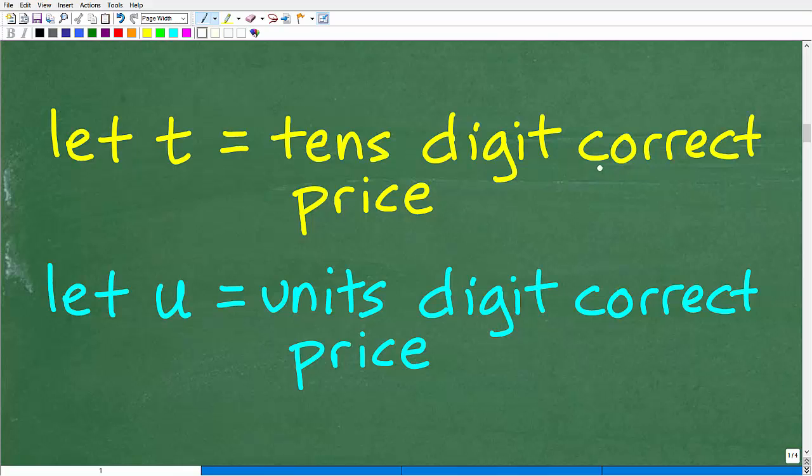So let's start with the correct price in mind, because once we have this, then we can reverse the correct price to have the wrong price, and then we can do some things from here. But let's take a look at some algebraic expressions, knowing that the variable t represents the tens digit of the correct price, namely, not the wrong price, and u is the units digit of the correct price.